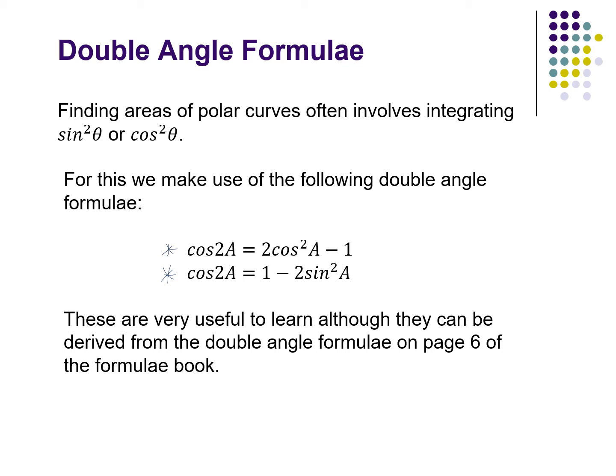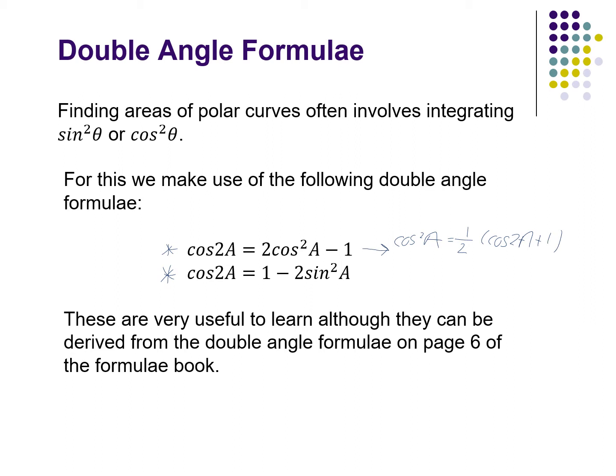The second one is cos 2a equals 1 minus 2 sine squared a. So if you're integrating cos squared a, you take the first one and rearrange it to be cos squared a equals a half times cos 2a plus 1.